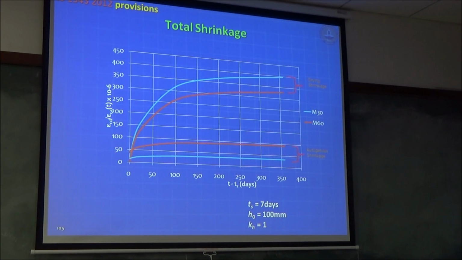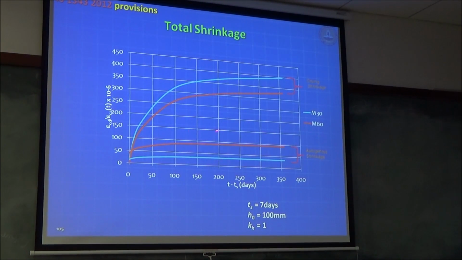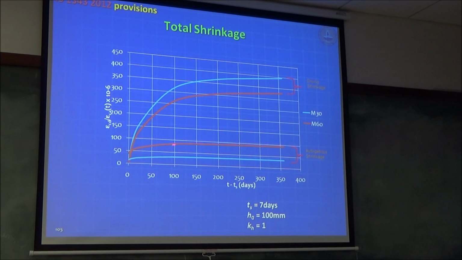Okay, T minus Ts is time in days after curing has stopped. And then you'll find that first of all, autogenous shrinkage is so small compared to drying shrinkage. You also find that, can you explain this? Why is it that if you have higher grade concrete, your drying shrinkage is less, but your autogenous shrinkage is more?